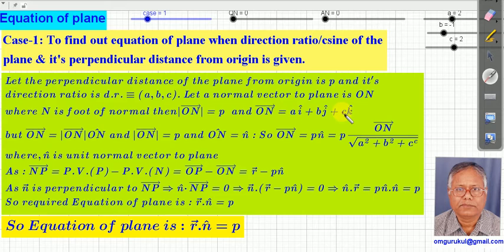But ON can also be written as the modulus of ON into the unit vector in the direction of ON. So the modulus of ON is P and the unit vector in the direction of vector ON is unit vector N. So vector ON will be P into unit normal N. Unit normal N can also be derived as vector ON upon modulus of vector ON.